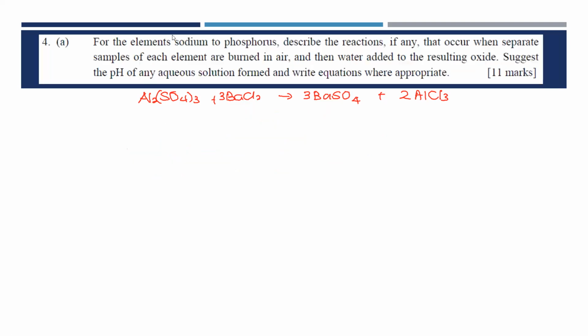For the elements sodium to phosphorus, describe the reaction, if any, that occurs when separate samples of each element are burned in air, and then water is added to the resulting oxide. Suggest the pH of the aqueous solution formed and write the equation where appropriate.